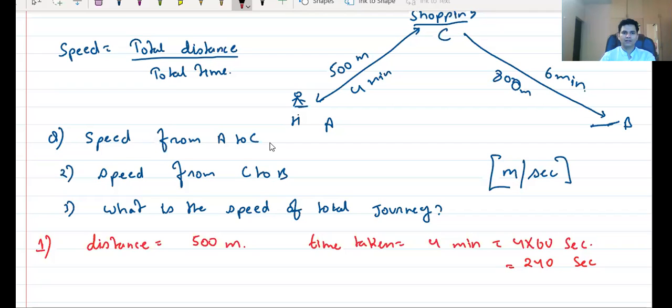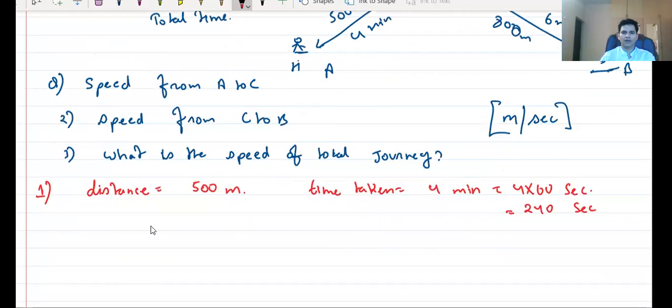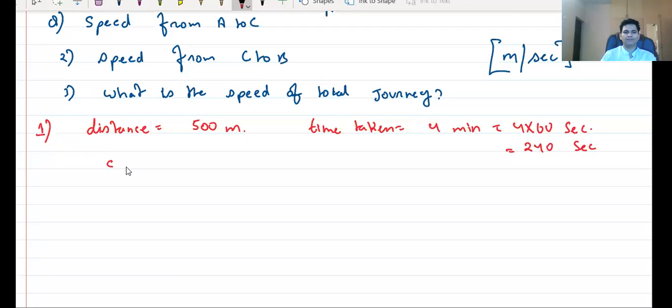Okay, very good. So speed will be equal to distance, which is 500, by time, which is 240 meter per second.